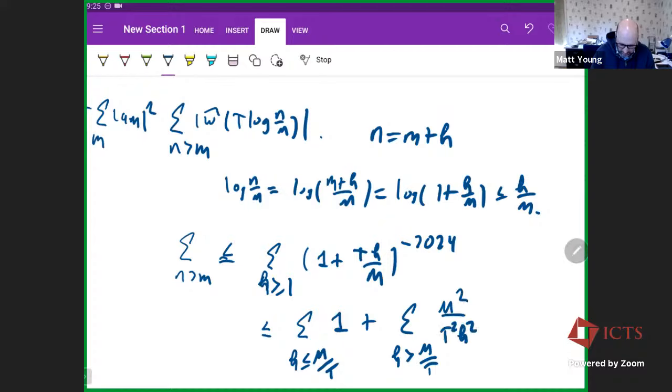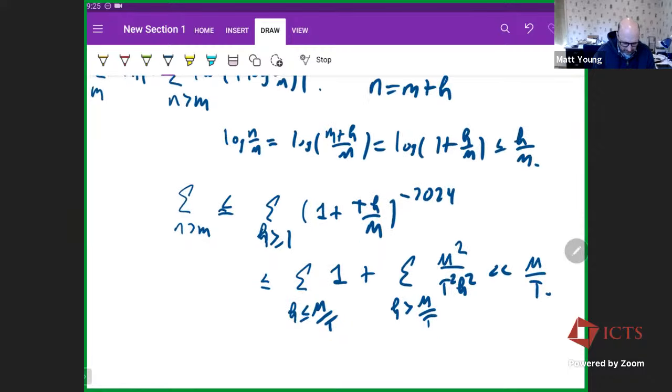Either way you get the bound m over T. And so the sum of the off diagonals, using symmetry, choosing n bigger than m or vice versa ends up with the same bound in the end.